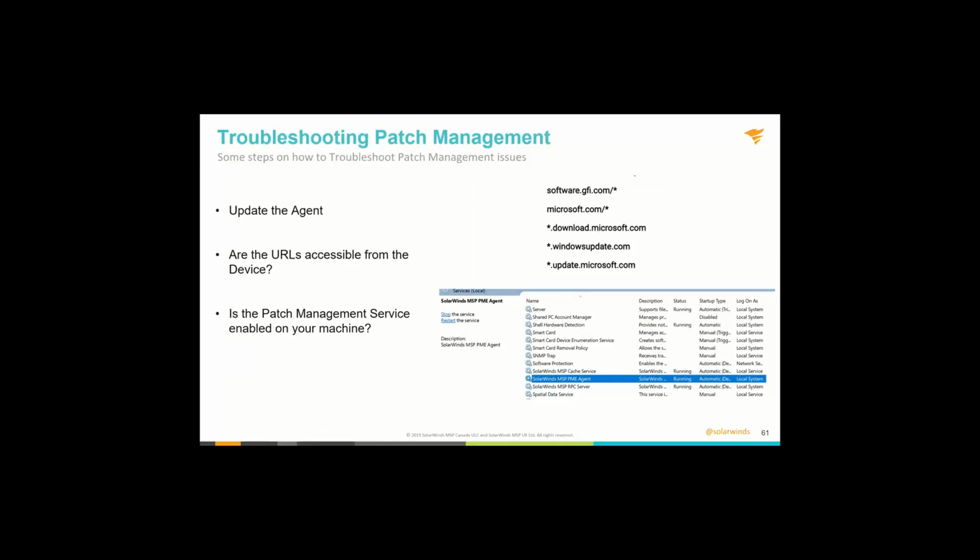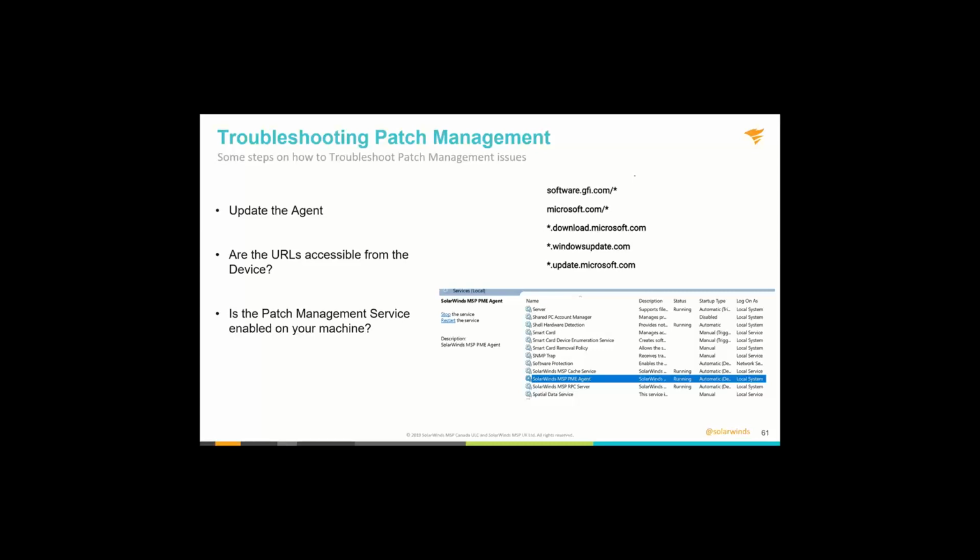There's a bit about troubleshooting patch management. If your patches don't install, you can update the agent to see if that fixes it. Find out if these URLs are available. There's more than just these. See if they're accessible from the device. If you've got a firewall blocking them, we suggest that you put these URLs on the allow list.